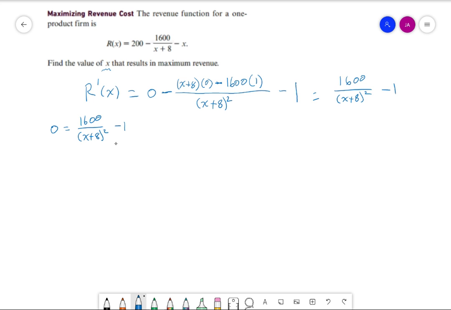And solve for x. So add 1, add 1. We then have 1 is equal to 1,600 divided by x plus 8 quantity squared. And then here we have a rational expression, so you can multiply both sides by the least common denominator, which is x plus 8 quantity squared.